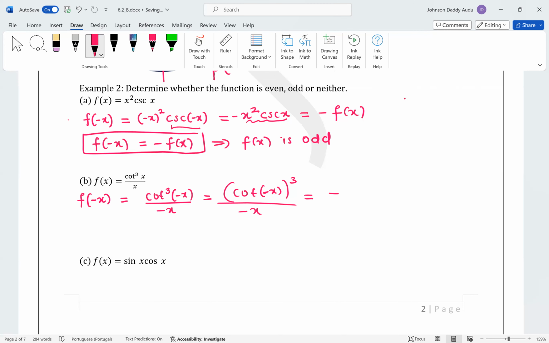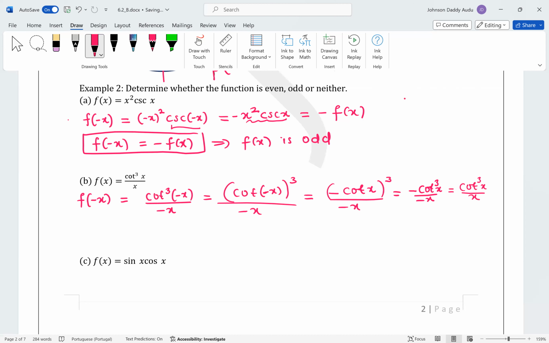So it will become minus cotan of x, but everything to power 3 over minus x. Now, because the power is odd, the minus will still remain. So this is minus cot cube of x over minus x. Then the minus will go with minus. So we will have cotan cube of x only, right?